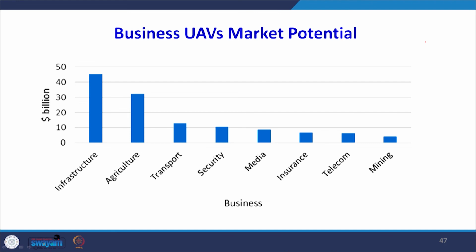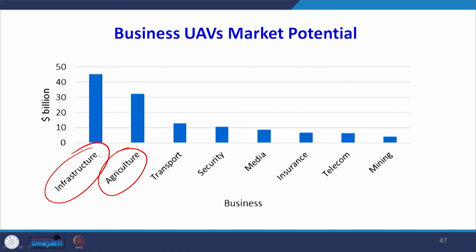If we look at the market potential of the drones in the different areas, which I have covered: infrastructure, agriculture, transport, security, media, insurance, telecom and the mining. You can see from this slide itself that as far as the infrastructure sector is concerned, there is a maximum potential, highest potential is there, and then the next sector is the agriculture sector.